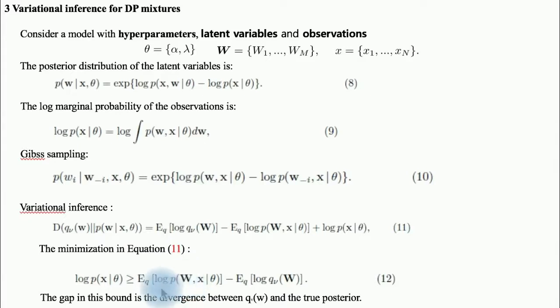The gap in this bound is the divergence between Q_V of W and the true posterior.